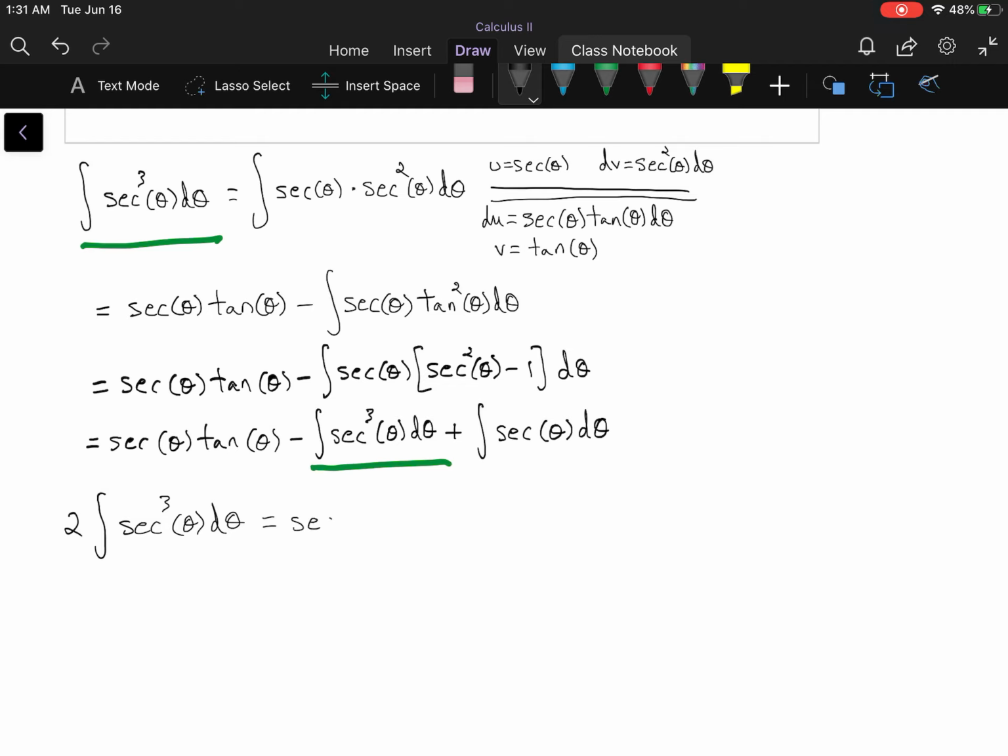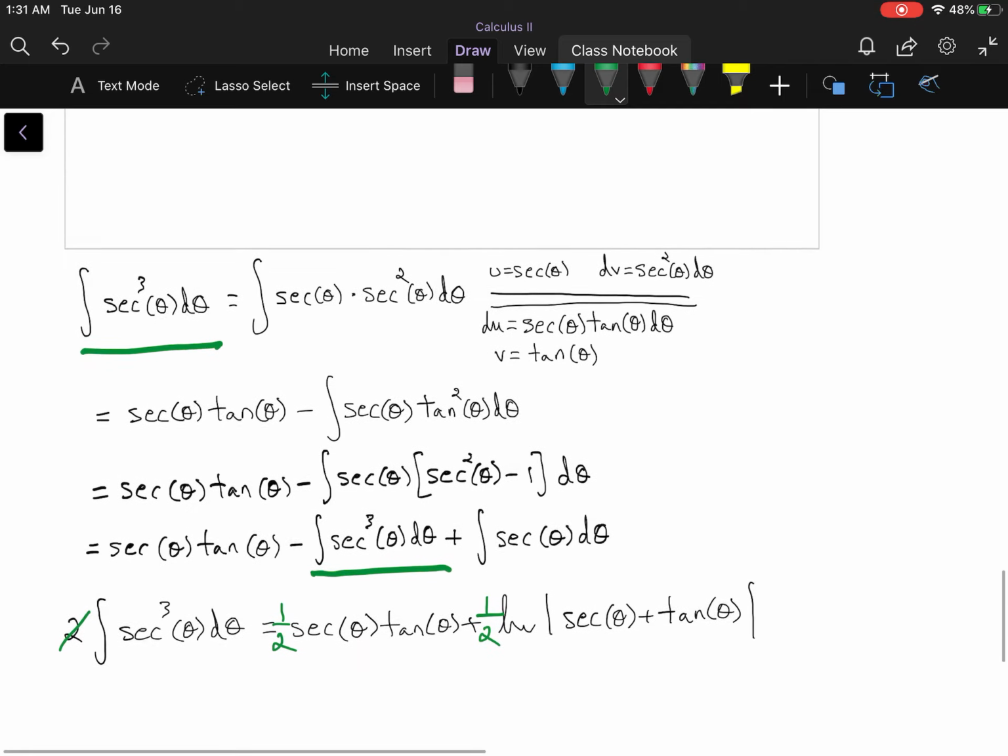What's left on the right is secant theta tan theta plus the integral of secant theta, which is the natural log of secant plus tangent. And so when we solve for the integral of secant cubed, that's what we get.